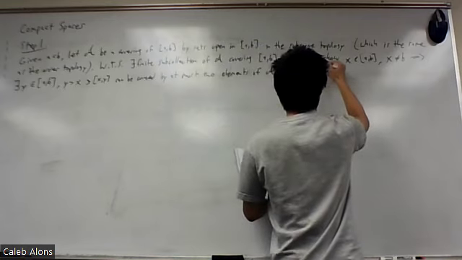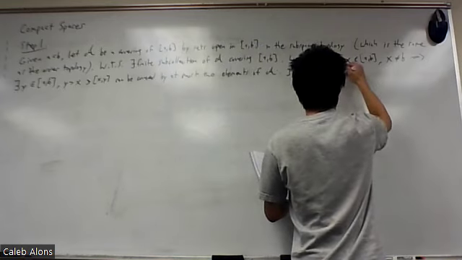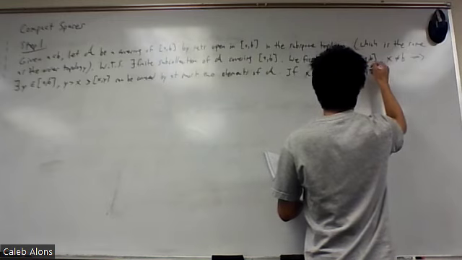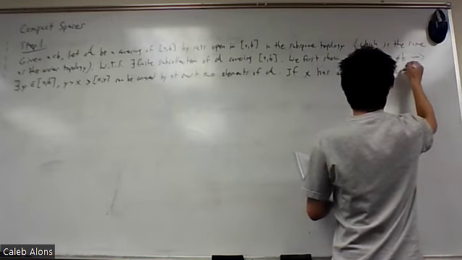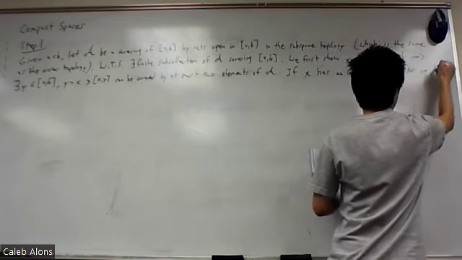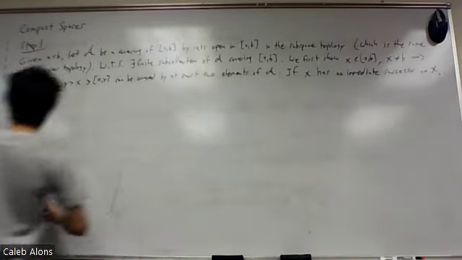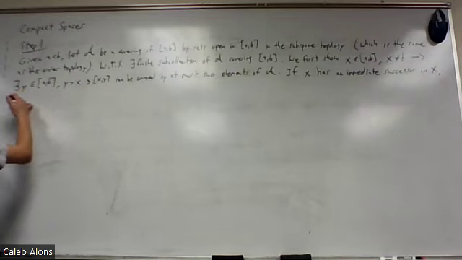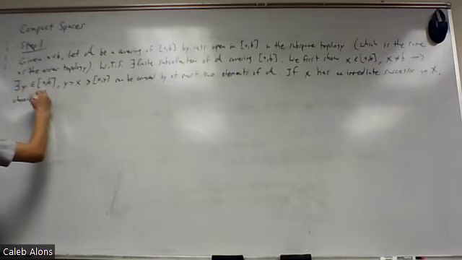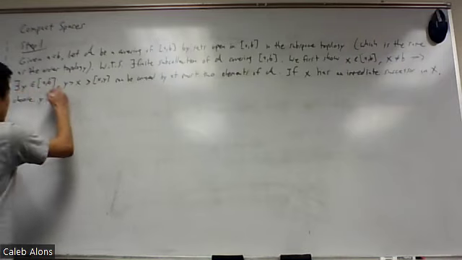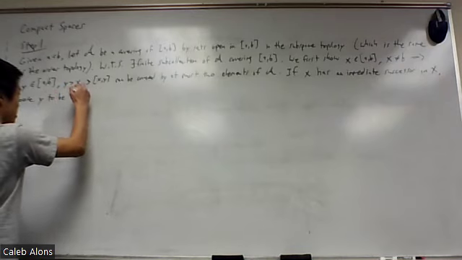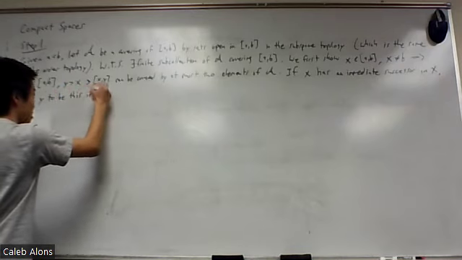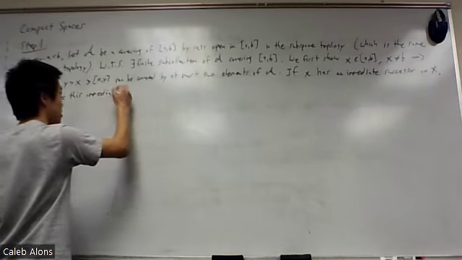If x has an immediate successor in X, which in R would be the case, we have immediate successors, then we're going to want to choose y to be this immediate successor.